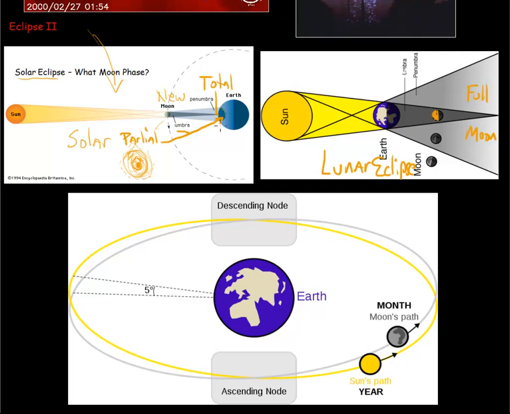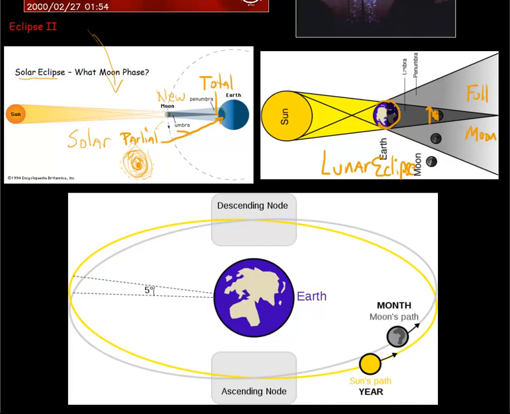Now, a solar eclipse umbra is very small, covers a very small part of the Earth. Maybe 3 or 4 or 5% of the planet get to see a total solar eclipse. If you take a look at this, during this lunar eclipse, everybody on this side, and because the Earth's shadow is larger, it can take a few hours for the moon to get through this, where we can actually rotate in and rotate out.